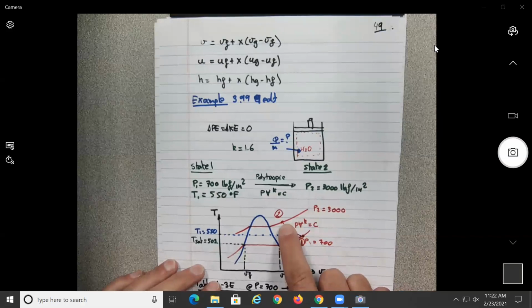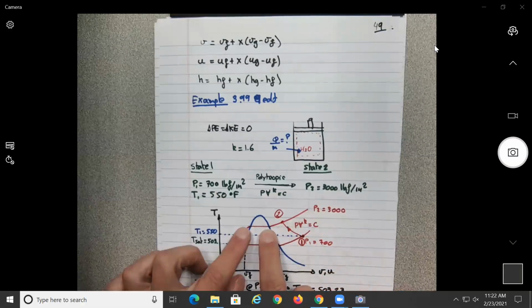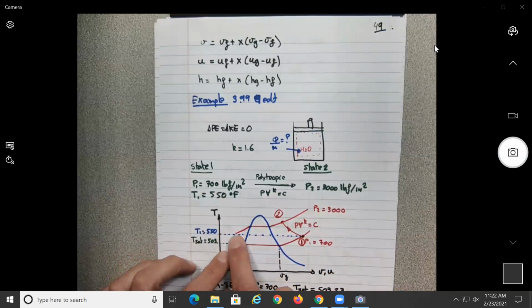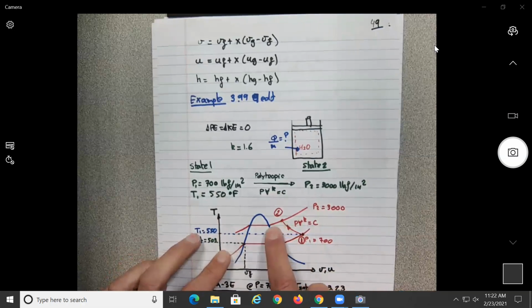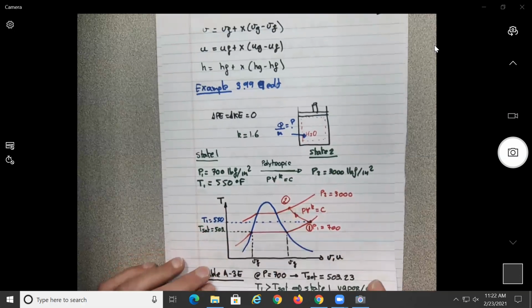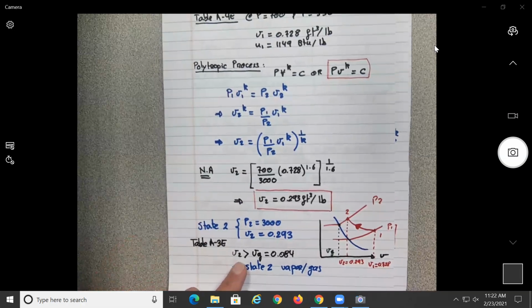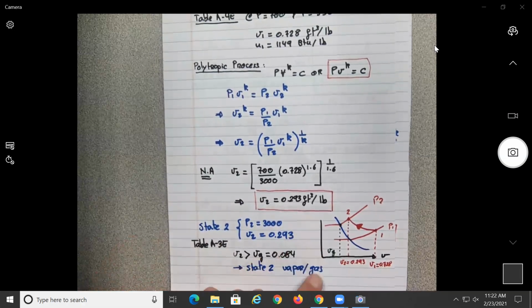If the V2 value we calculated was between the VG and the VF, it would be in the mixture area. If it was lower than the VF, it would be in the liquid case. But in our case, V2 was higher than VG, so we concluded that it was in the gas state. So V2 higher than VG means it's in the gas state.